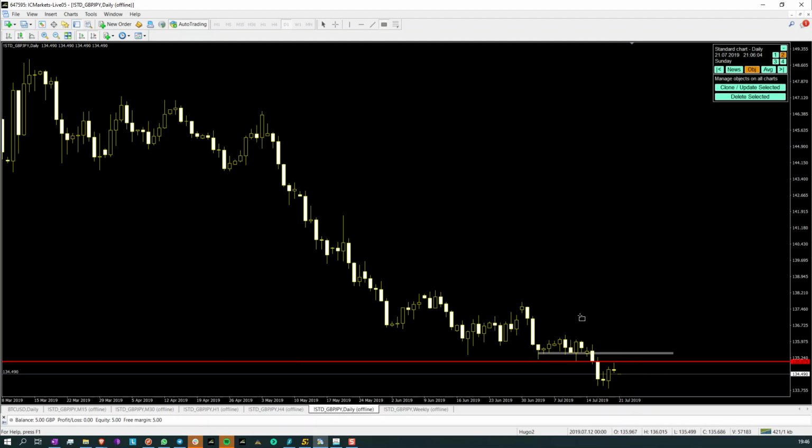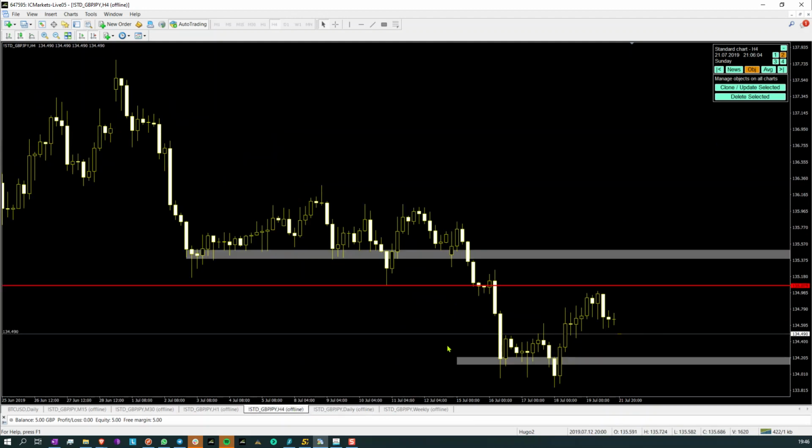I'm going to do the same in the bottom, something like this, and cloning all this to the 4 hour. So 4 hour for now, it's bearish, but we have another zone here.